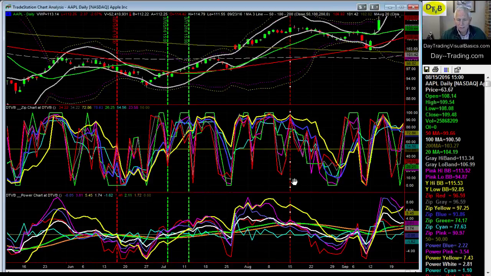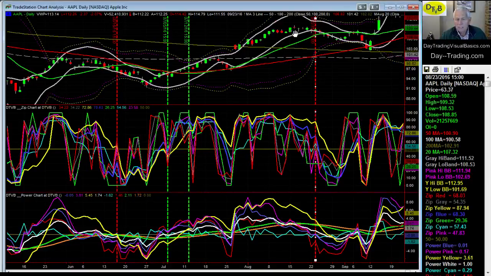In the next 5 or 6 days, the power yellow has dropped reasonably well, but the zip yellow has bounced up and down a few times, and as a result the price hasn't dropped significantly.